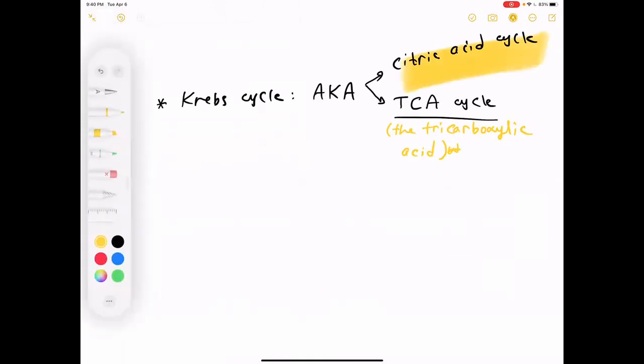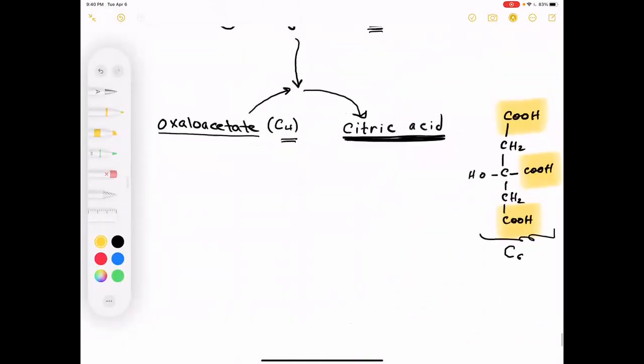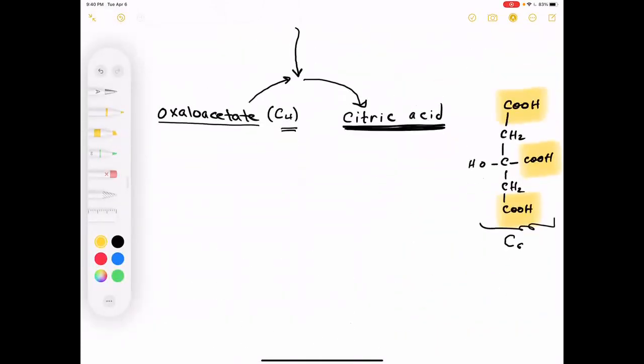All right. Going back to the cycle. Citric acid will eventually become citrate. So whether I use citric acid or citrate, we are not going to sweat it. So after citric acid, you will end up with isocitric acid. I'm just going to say isocitrate.